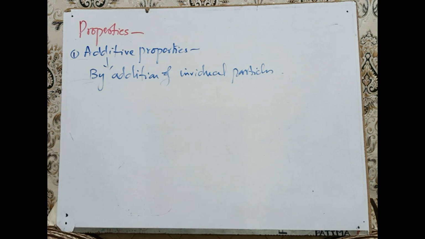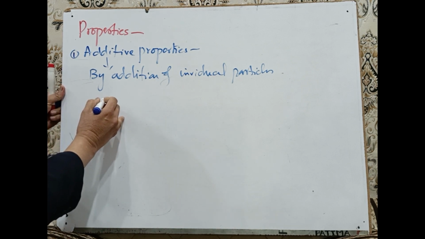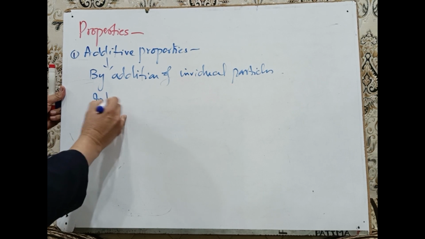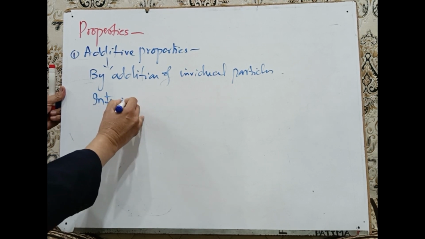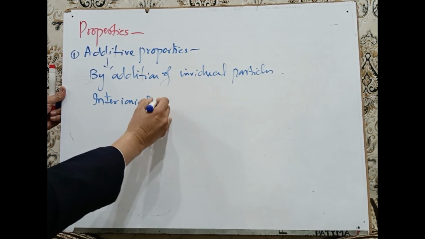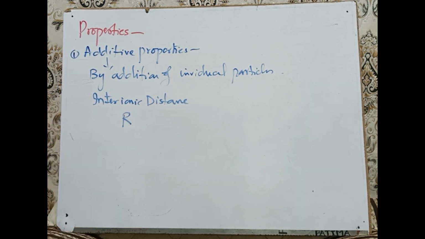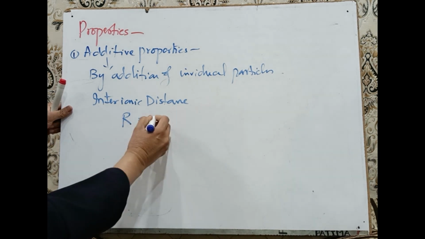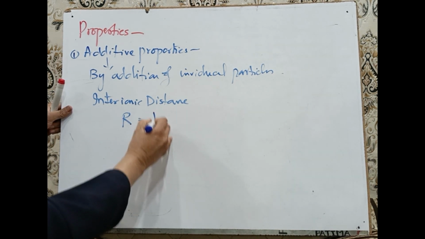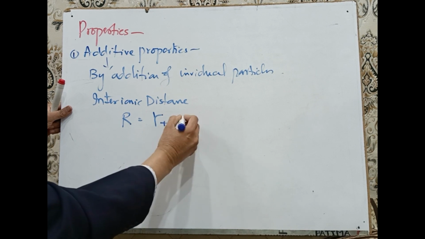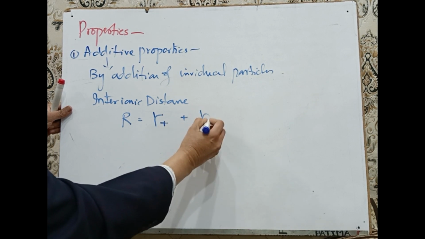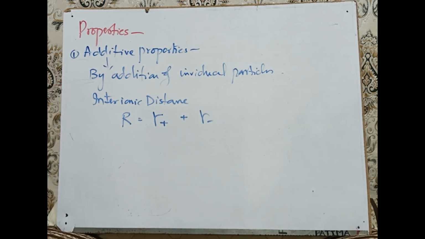For example, if you want to calculate the interionic distance, which is usually represented by R, then R can be calculated by adding the cationic radius and the anionic radius.